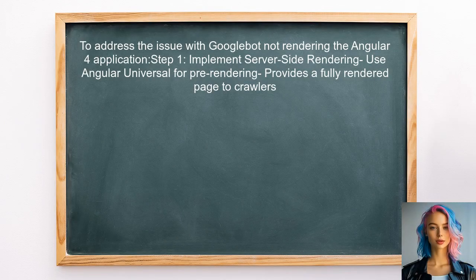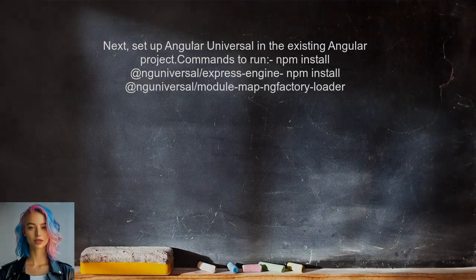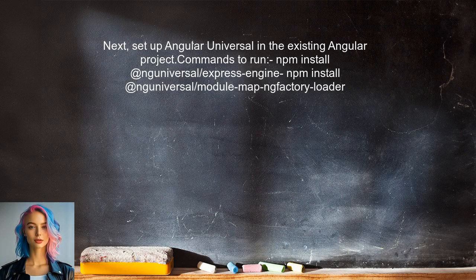To address the issue with Googlebot not rendering the Angular 4 application, the user should consider implementing server-side rendering using Angular Universal. This approach allows the application to be pre-rendered on the server, providing a fully rendered page to the crawler. Next, the user needs to set up Angular Universal in their existing Angular project.